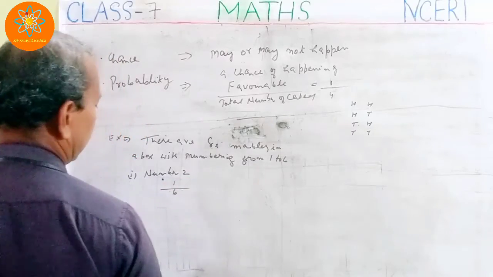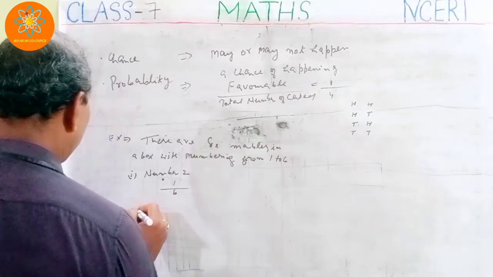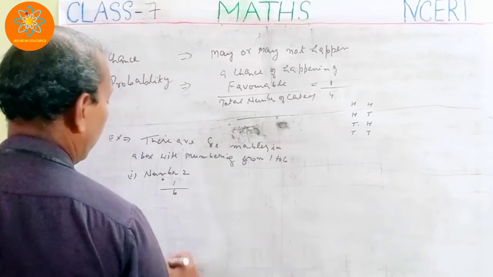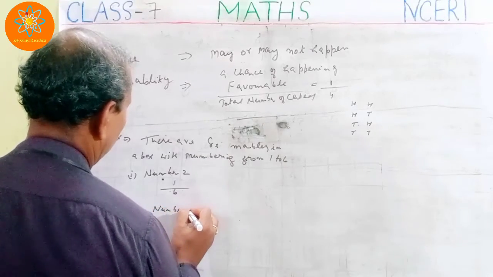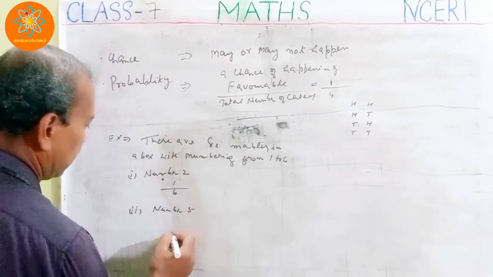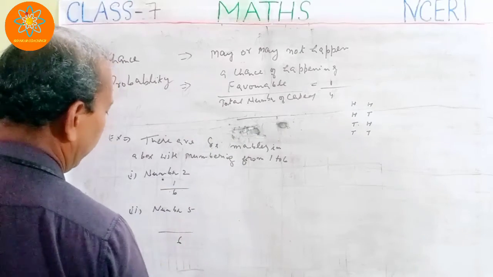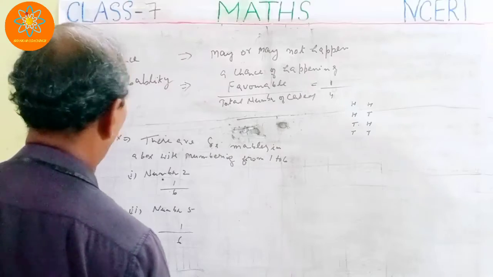So 1 by 6. Now the second question is with number 5. Again, total number of cases 6, and 5 occurs only in 1 case, so it is 1 by 6.